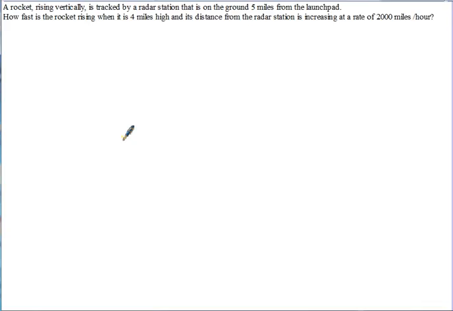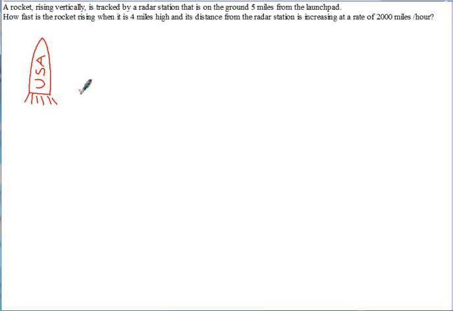Okay, so let's first try to, on most of these problems, there's going to be some kind of a diagram we can draw. And you don't have to be a good artist to do this. You just have to draw the situation here. So we've got this rocket here. So there's my rocket.